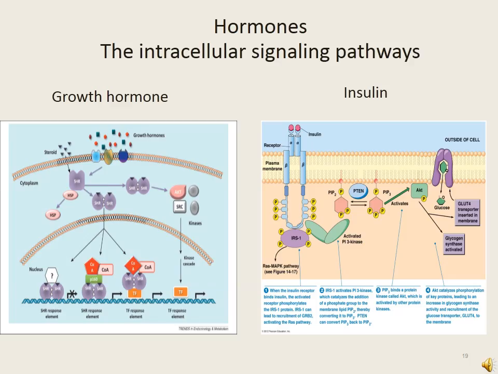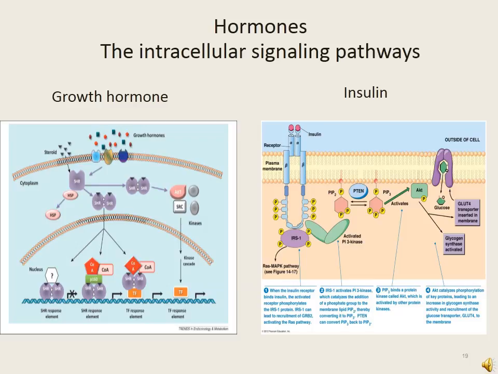This slide reveals that after the hormone interacts with its specific receptor, an intracellular signaling pathway occurs inside the cell. The main intracellular signaling pathway is by protein kinase and protein phosphatase activity.